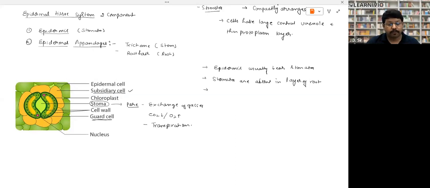They are made up of two specialized guard cells surrounded by subsidiary cells.